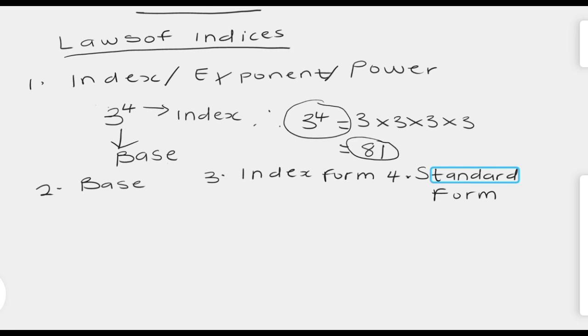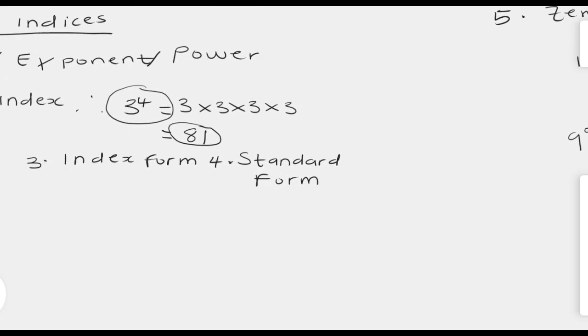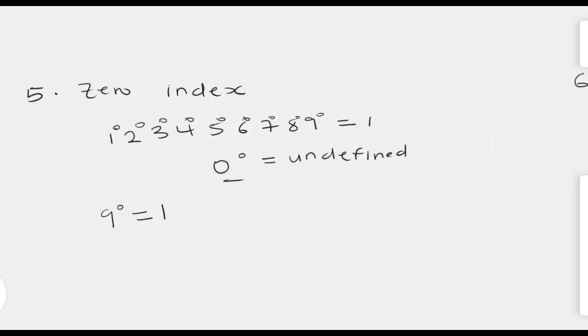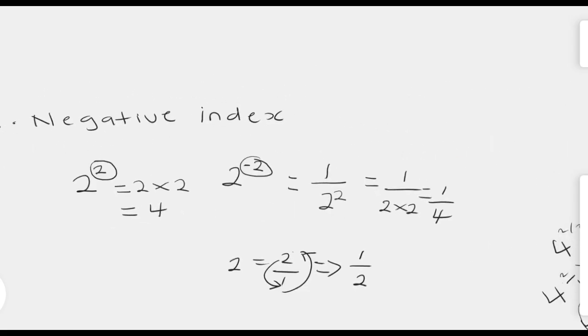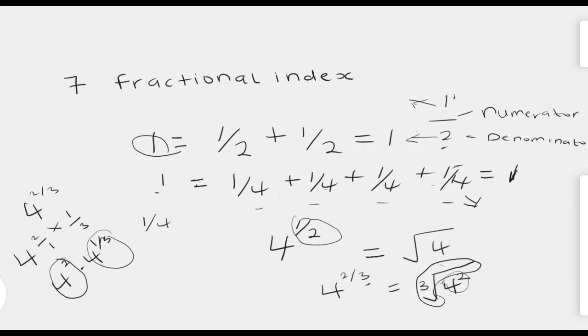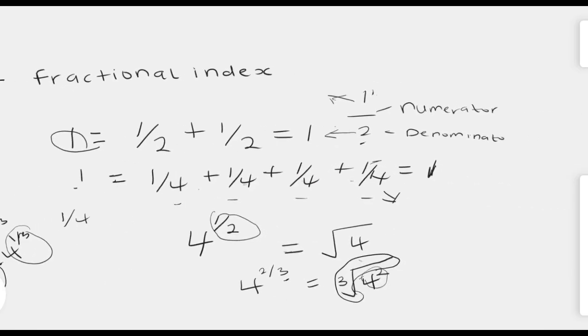Yes, this is the base. We talked about the index form. We talked about standard form. Then we moved to zero index, then to negative index, and finally fractional index. With this knowledge, now we can go into laws of indices.